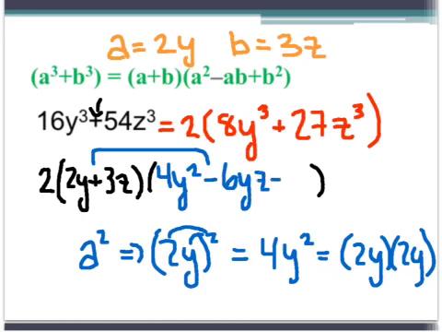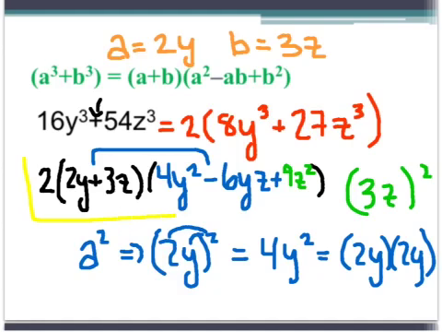And then this back term's always positive. And now I need to take 3z and square it. Okay, be careful, right? 3z quantity squared is going to give me 9z squared. And then that's it. Don't forget the 2 out front. And if you really wanted, which you should all the time, go ahead and multiply it back, and I promise you'll get what you started with.